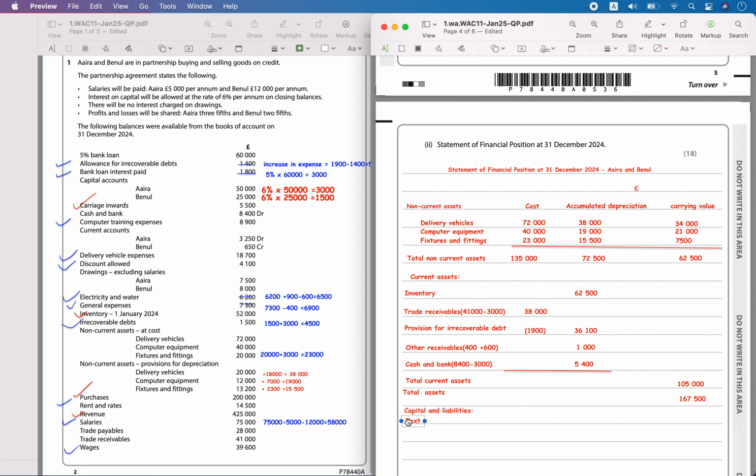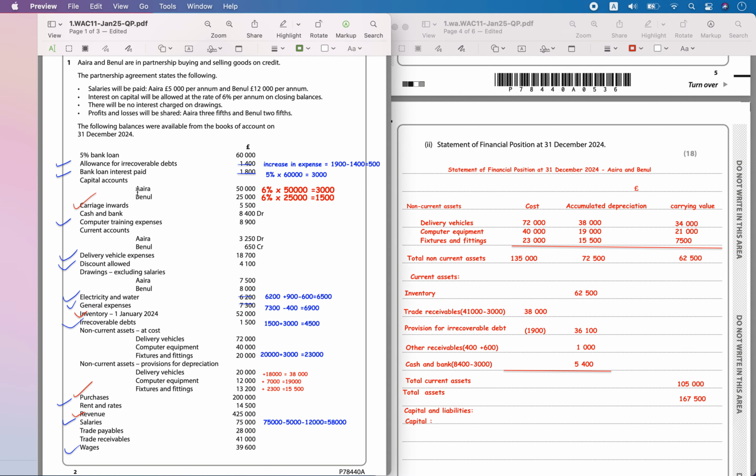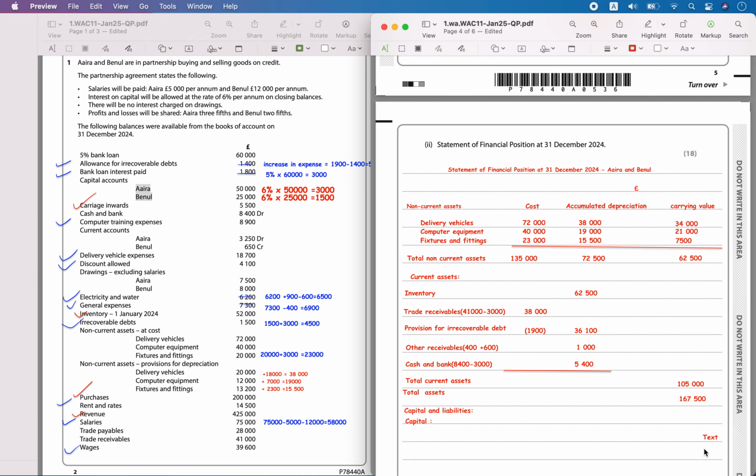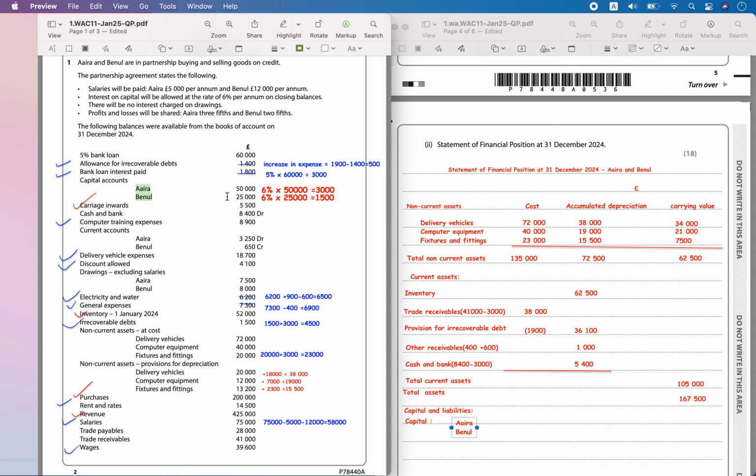So let's write that, capital for Aaria and Benul. It was 50,000 and 25,000.